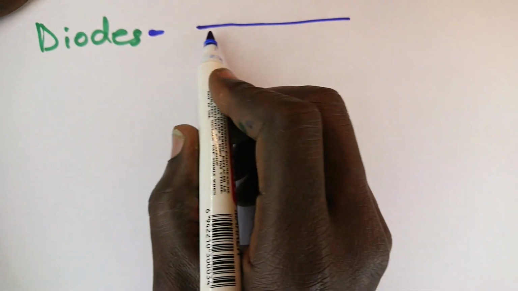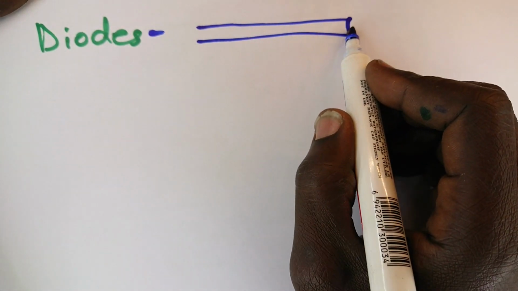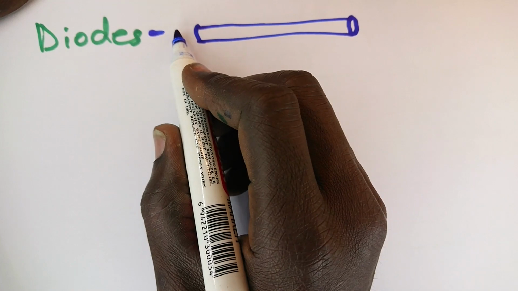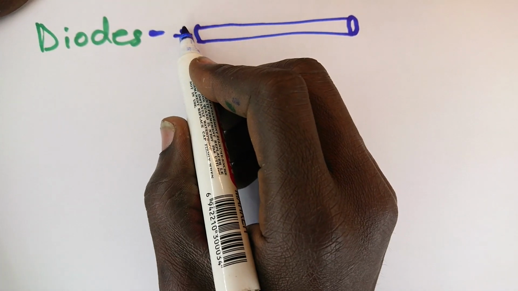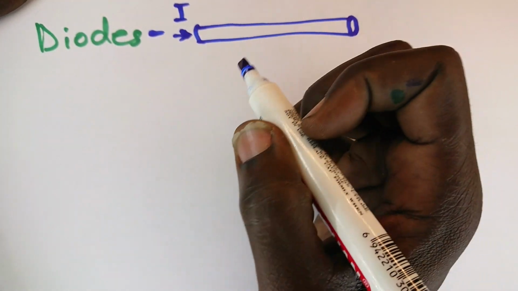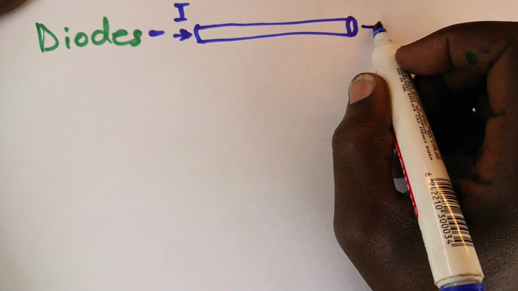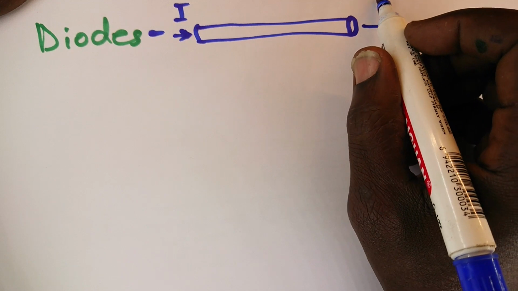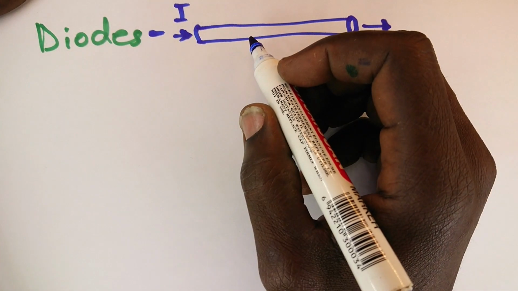So assuming this was a pipe, right? Now current, you remember we talked of it as I, and current comes out of that side. This would make this a wire.